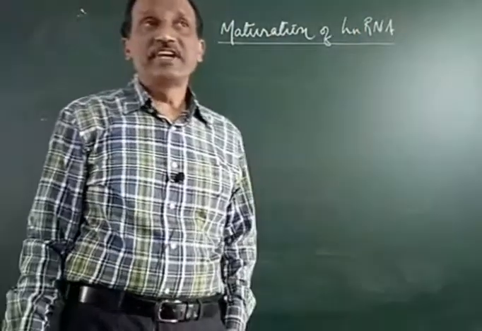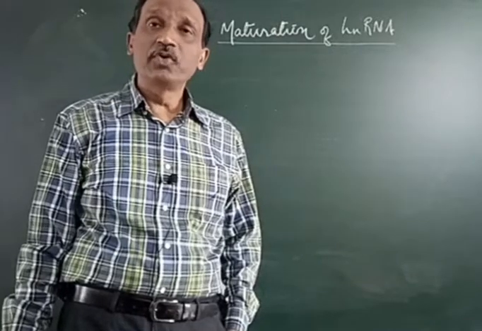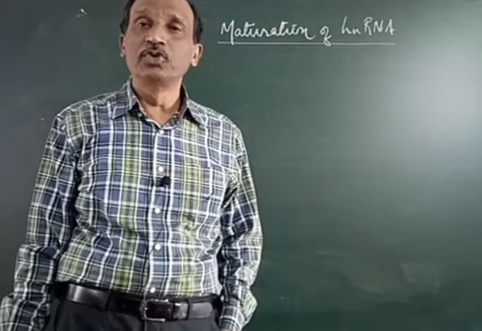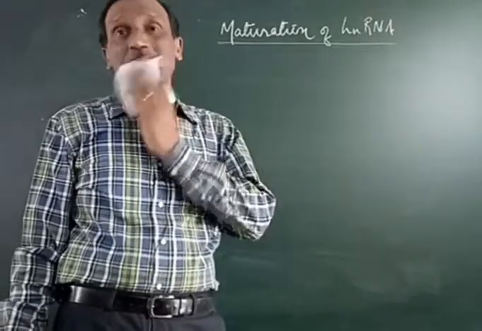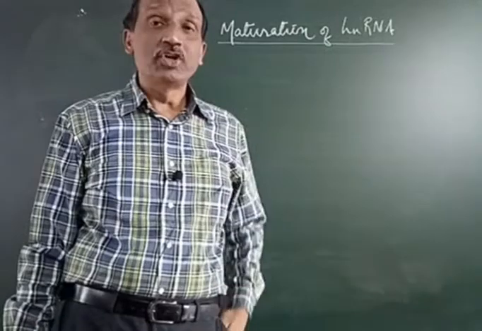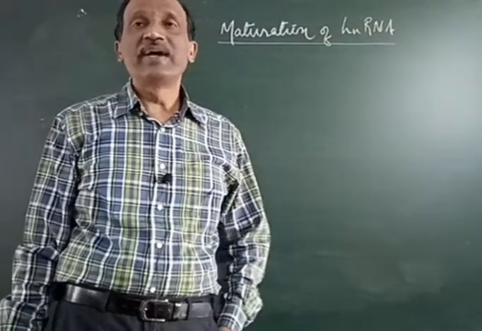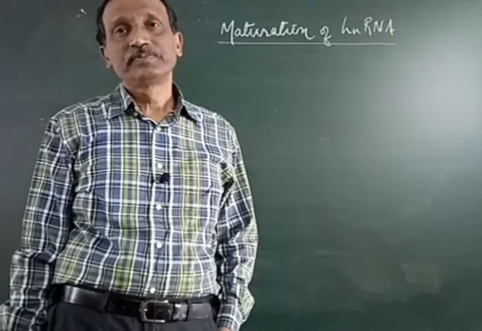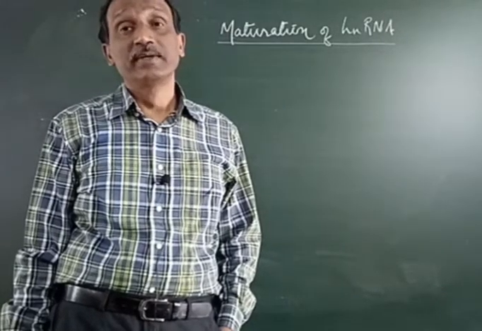H stands for heterogeneous, N stands for nuclear RNA. Heterogeneous nuclear RNA. The RNA which is produced in the nucleus is generally rough, generally heterogeneous, generally not matured, rather it is immature, and may require editing. In simple words, it may require editing.